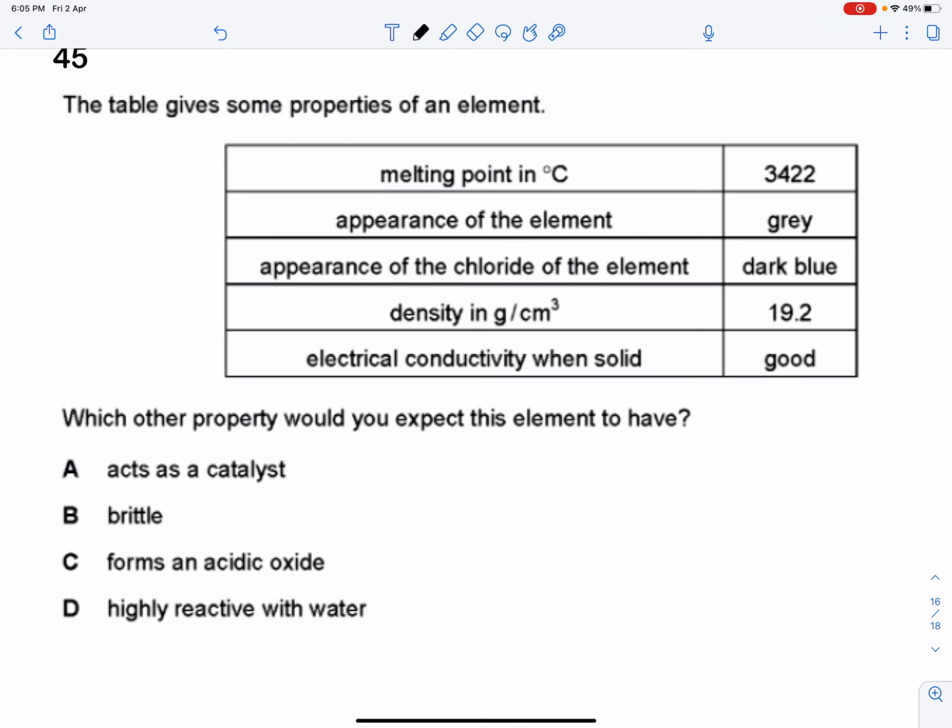I think you would expect it to act as a catalyst, absolutely, because it seems to be a transition metal. Transition metals are malleable, they are not brittle. It would form a basic oxide because it's a metal. It's not going to be highly reactive with water. Look at that density. That's way too high for a group 1. The answer must be A.